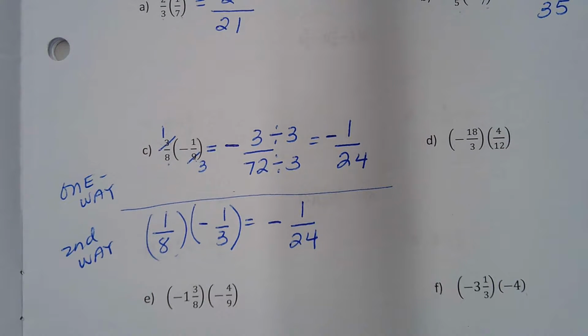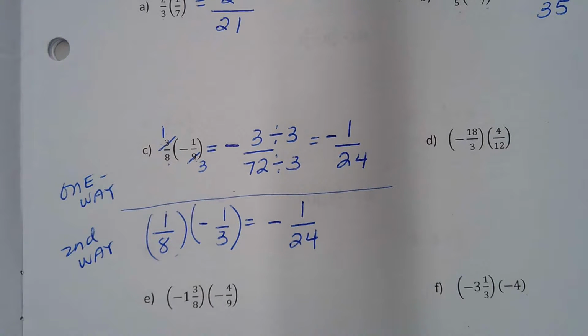Two ways, same answer. Now I'm going to ask you this. Which one would be easier to do if you were to do this without a calculator? The first one? Okay. Second one? They're both the same.